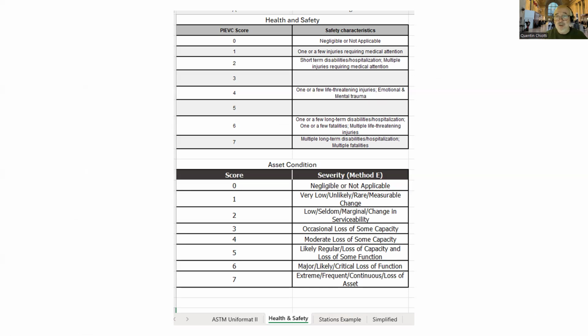And then I decided, given a choice of illuminating you in terms of health and safety or levels of service, boy, oh boy, the level of service, isn't that a challenging one to get your head around? It's really different from asset owner to asset owner, company to company, depending upon their risk tolerance, whether or not they put a dollar value here or there, even in terms of health and safety.